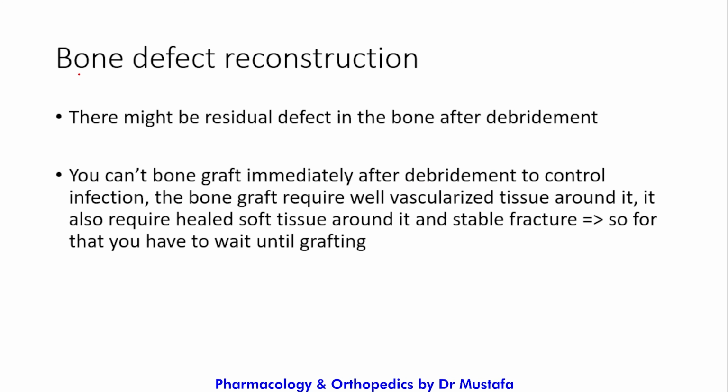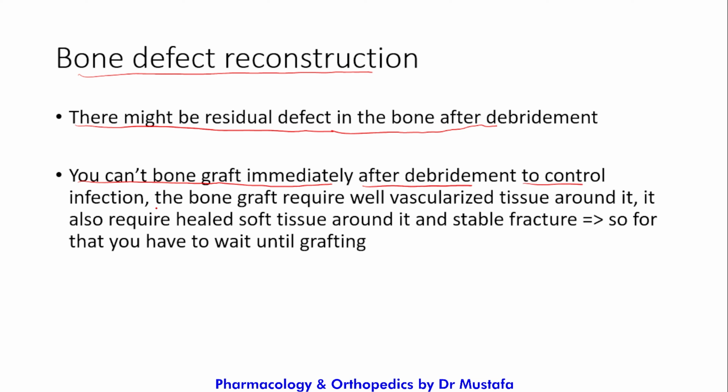Finally, let's talk about bone defect reconstruction. There might be a residual defect in the bone after debridement, meaning after debriding the dead bone, there will be a defect in the bone, and you can't bone graft immediately after debridement.